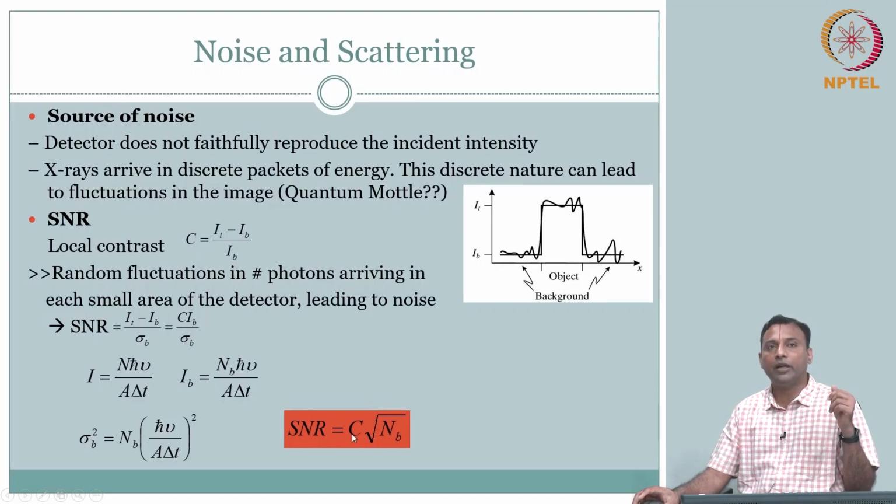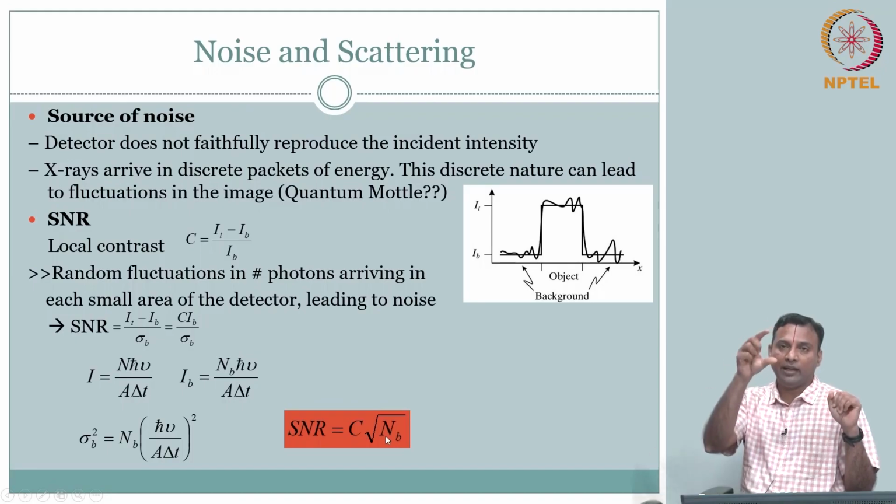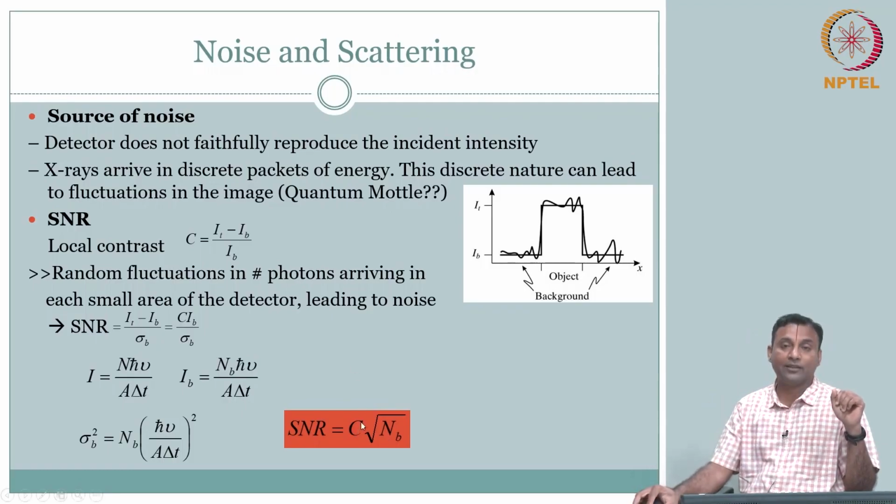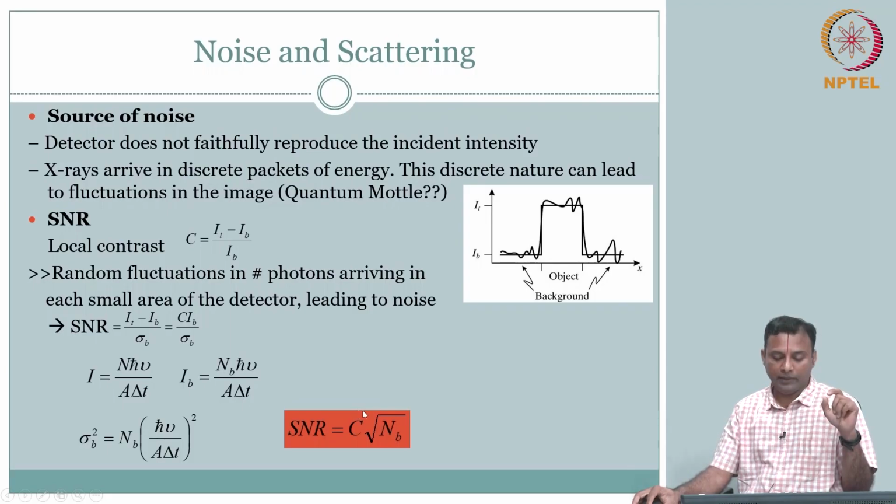So otherwise what is going to happen? Okay, I can increase NB. How do I increase NB? Oh, the problem is if I increase NB, maybe I can take a particular energy level, whatever contrast is acceptable, right, which I can tease out, but then produce more photons.